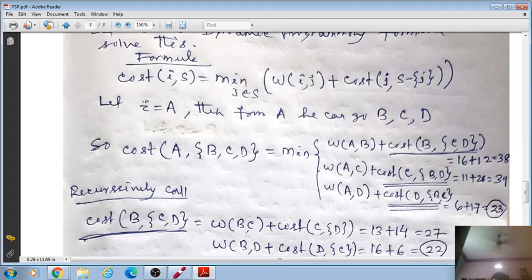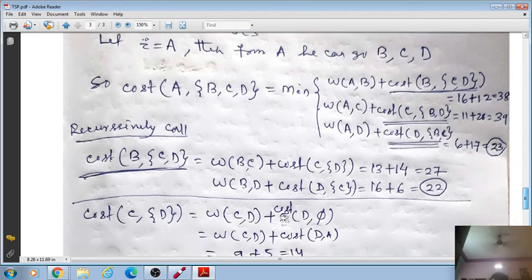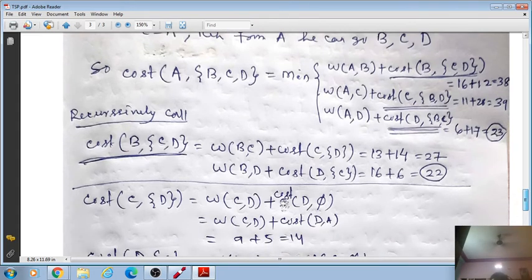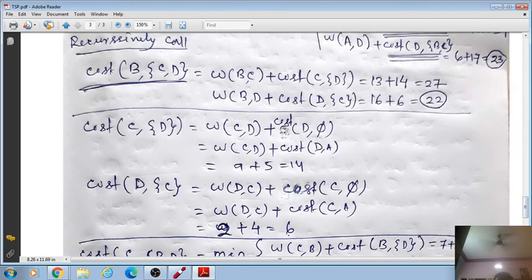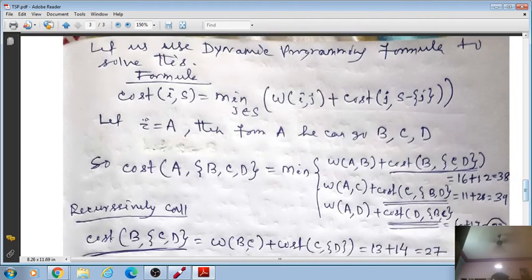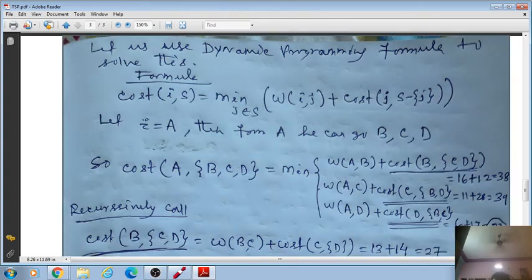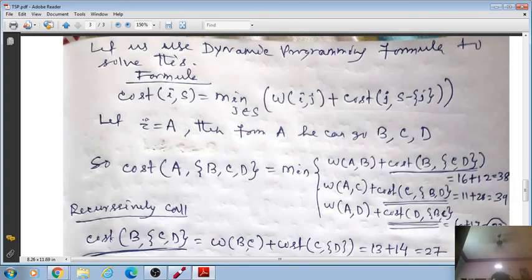Mistakenly written, it will be 38. This 12 is a typo; it will be 22. Among these two values, the minimum is 22. I will take 22, so the value is exactly 16 plus 22, 38. Okay, you should make it correct.